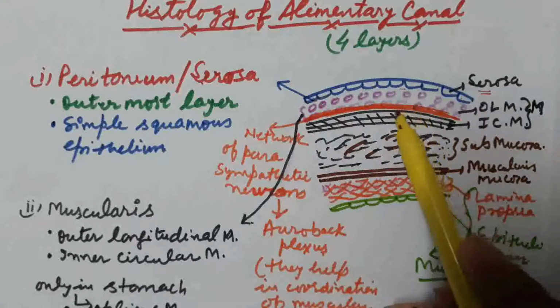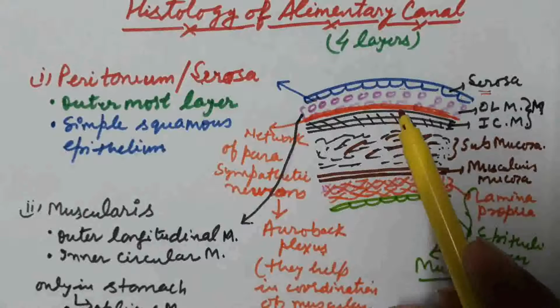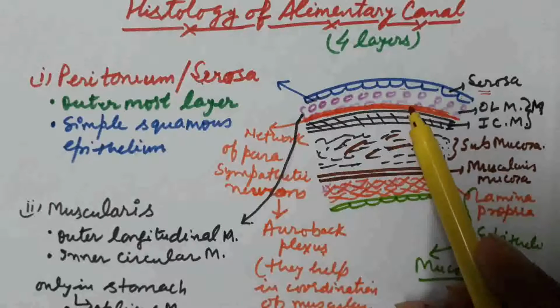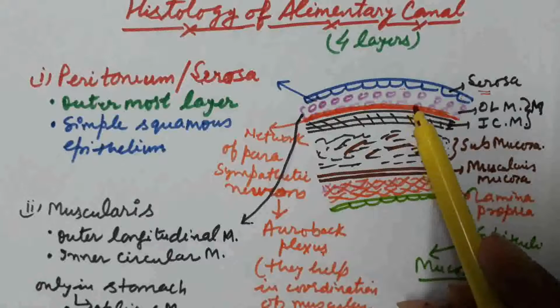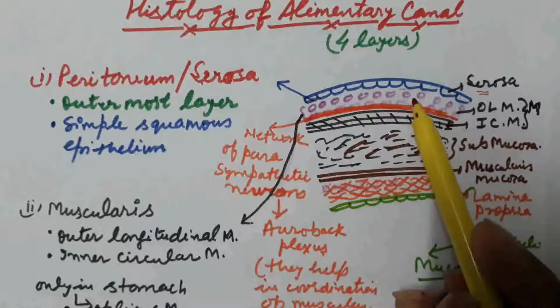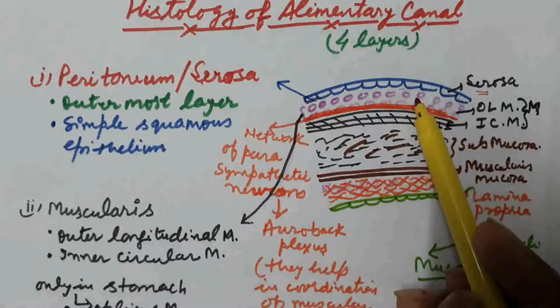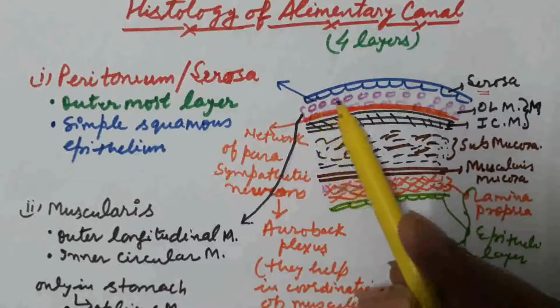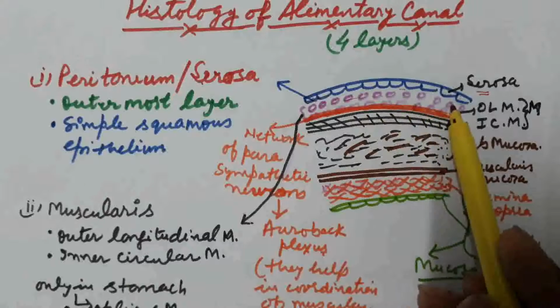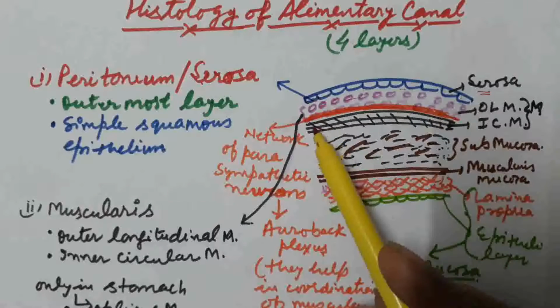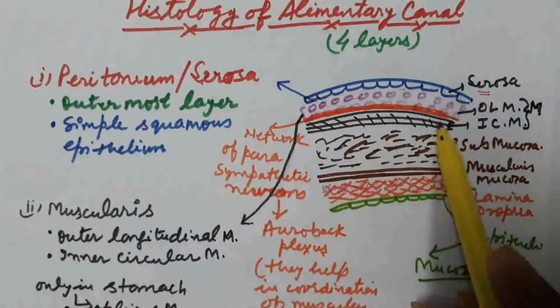Second layer is muscularis. Muscularis is made up of 2 types of layer. We divide the muscularis into 2 layers. Muscularis is the second layer present inside the serosa. This one is the outermost layer which constitutes the muscularis, and then this black layer forms the second layer of the muscularis.